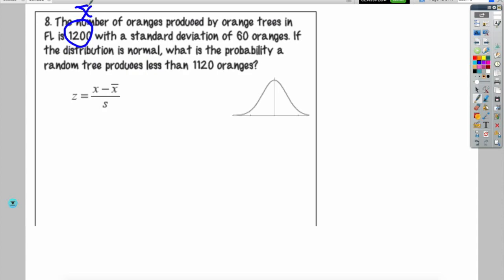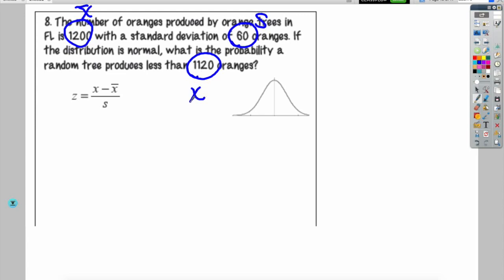So basically, you have 1,200, like that's a data point. No, that's not a data point. That number represents your mean. And your standard deviation is 60, so you have your S. And for this particular one, you are looking for the probability that a random tree produces less than this many oranges.